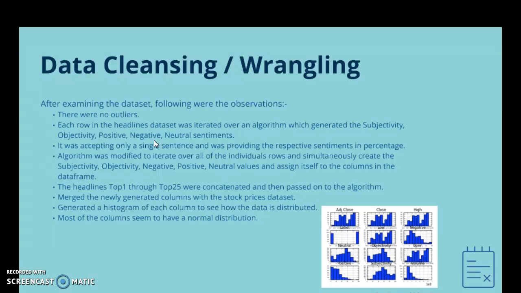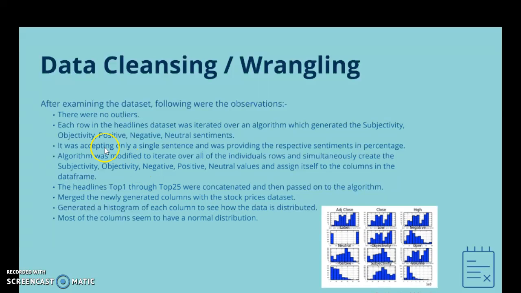The next part is talking about the data cleansing and wrangling part. As I explained in my notebook, there were not many outliers, and as you can see in the bottom right corner, the data is normally distributed, with not much data skewness.